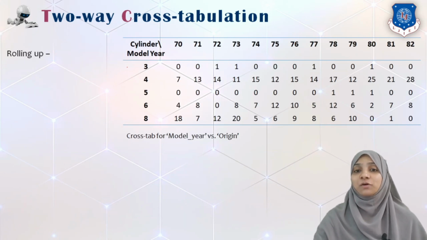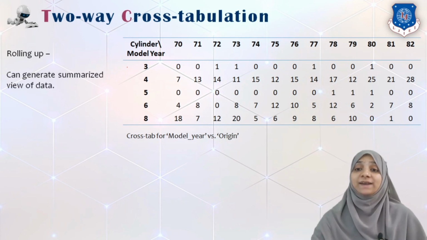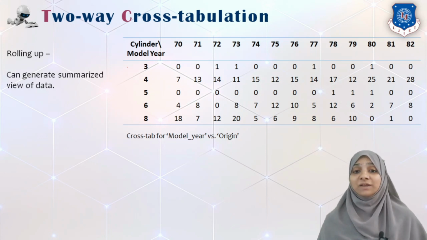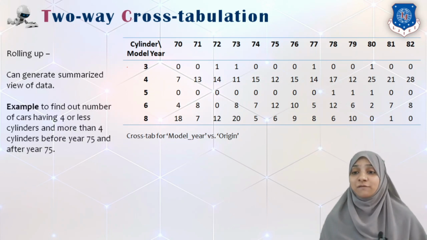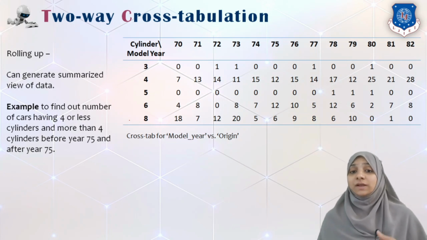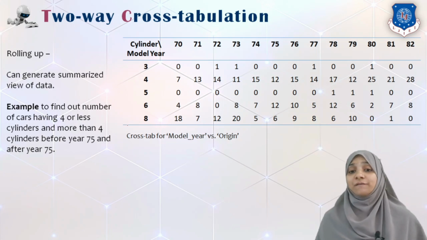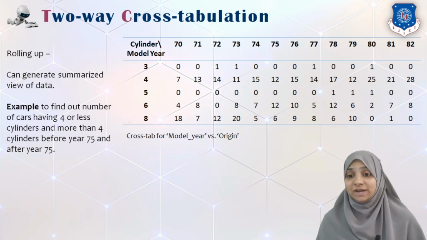We can perform an operation called rolling up and drilling down. Rolling up is nothing but generating a summary of data. As you can see, this table is very large and it is very difficult to look at all these numbers. Here I want to find out the number of cars having 4 or fewer cylinders, manufactured before and after the year 75.